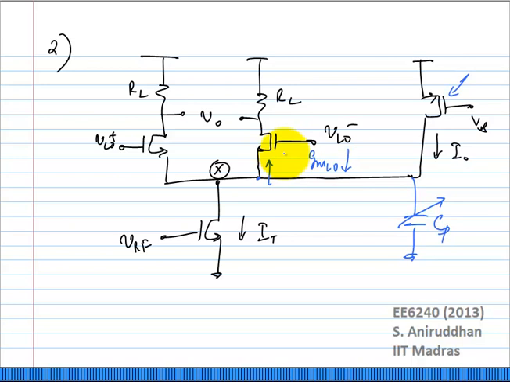That could also make the indirect noise worse. Finally, the way your RF current splits between these two paths is relative to the impedances of CP and GM of the LO devices. If GMLO decreases and CP increases, you are pushing more and more of the RF current through this path, okay, compared to the primary path. So you have to be very careful when you use such an extra helper current source in your design.